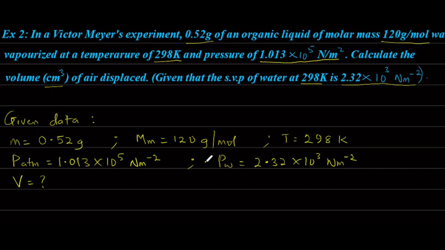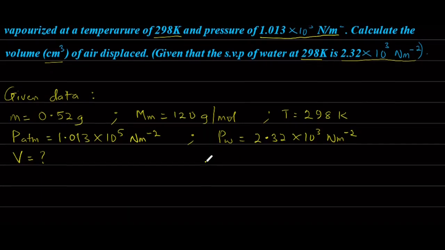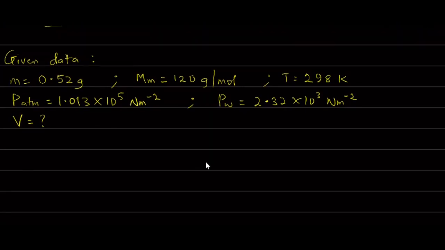Now, what are we supposed to do? Let's try to analyze the problem before we start solving. Since we are looking for volume, that means we can make use of the ideal gas equation, which says that PV equals nRT. We can get the volume from here. Since we are given temperature, and R is a constant.